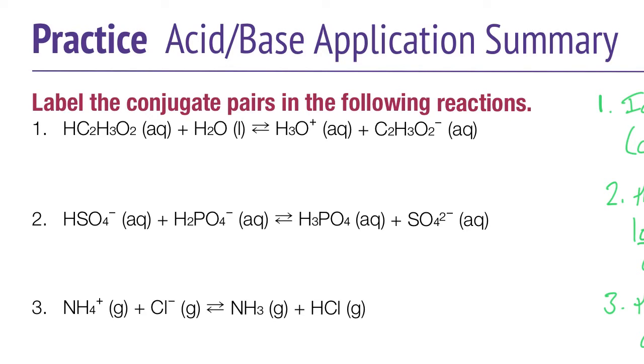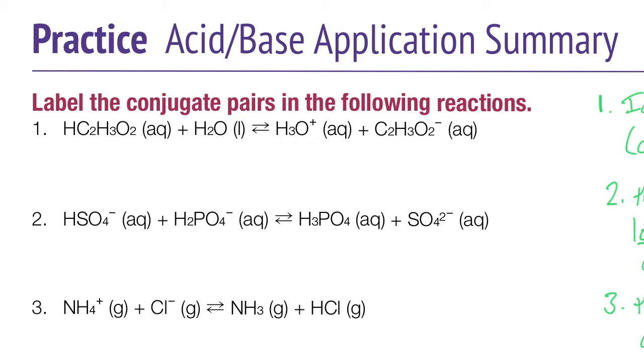So if I focus over here on this acetic acid, I need to figure out, is it going to become the H3O or is it going to become the C2H3O2? Whichever one it's going to become is the one that I'm going to pair it up with. Now, I know that the pairs need to have almost the same formula. The only difference is a single hydrogen.